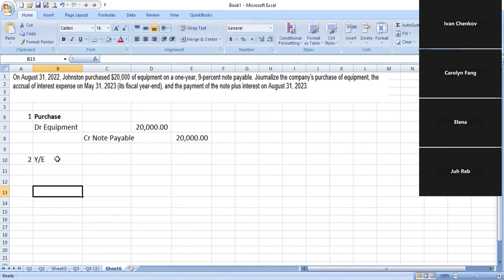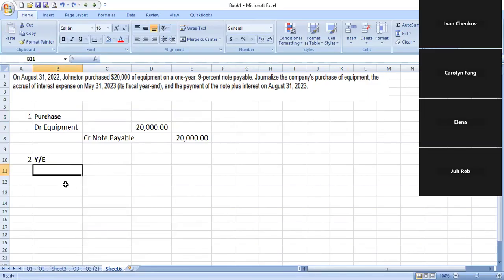So from which chapter do you think this question is? Liabilities. So what does that mean? On the year end, I have to show what? Interest expense. What? Interest payable, which will be a liability. Yes.